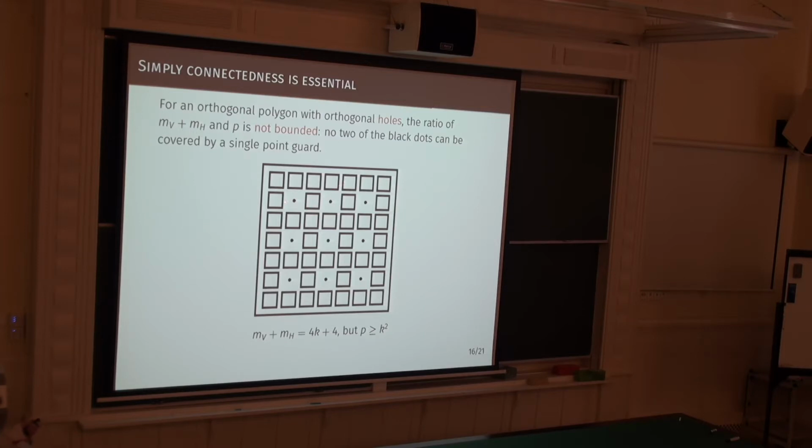So we need at least k squared point guards to cover such a grid. However, the number of horizontal and the number of vertical guards needed to cover the gallery is only linear in k. So P can be as large as you want compared to, well, in terms of a linear constant, M_V plus M_H.